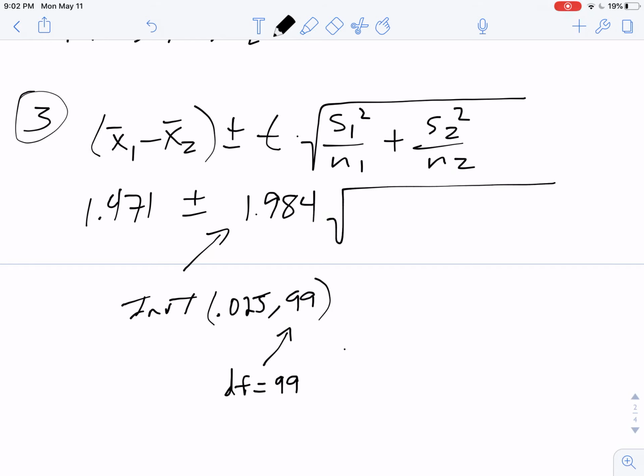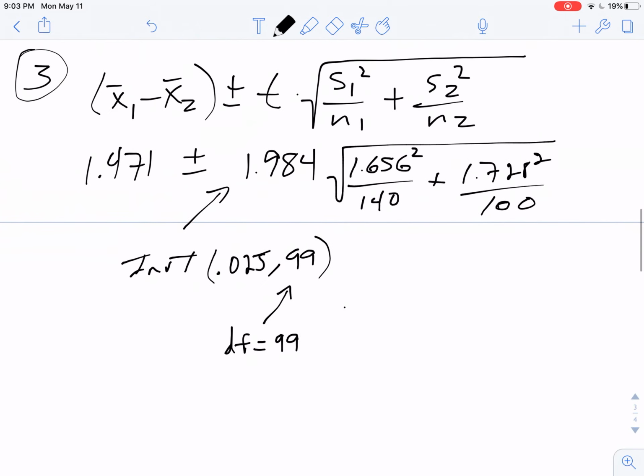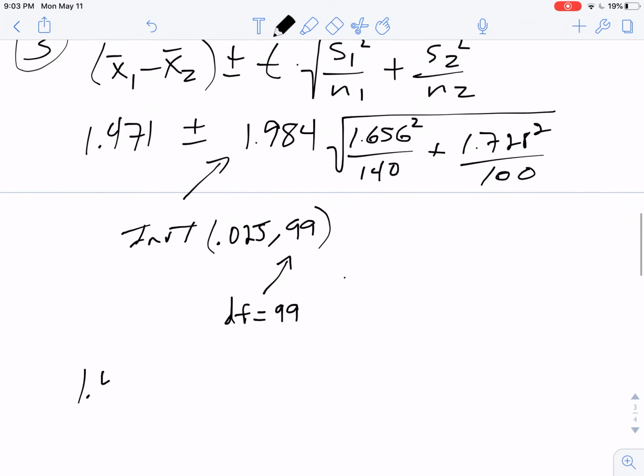And then I'm going to go ahead and put in the rest of my information. So s1 squared over n1 140, and then plus 1.728 squared over 100. All right, so if I do this, I'm going to put that whole margin of error. So remember, the margin of error is all of this.